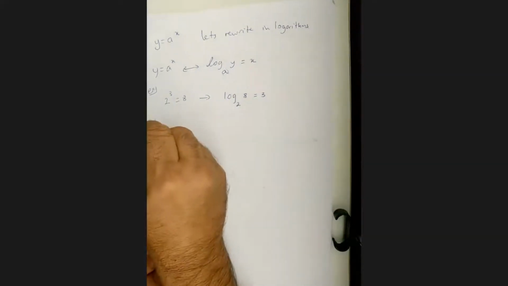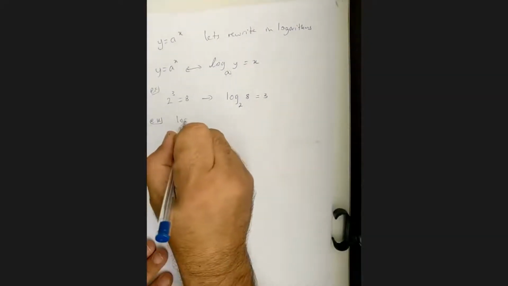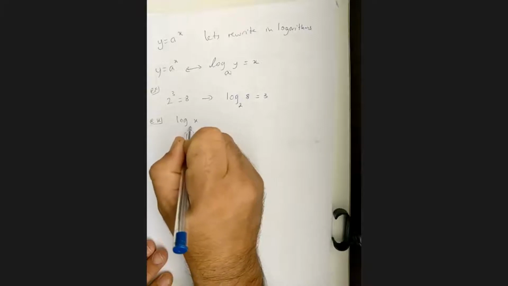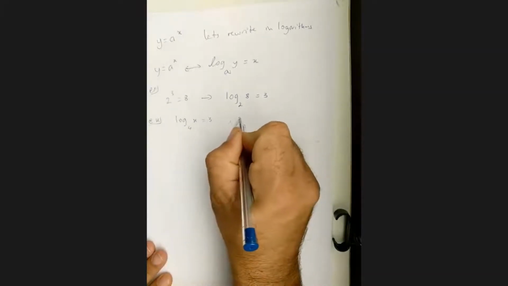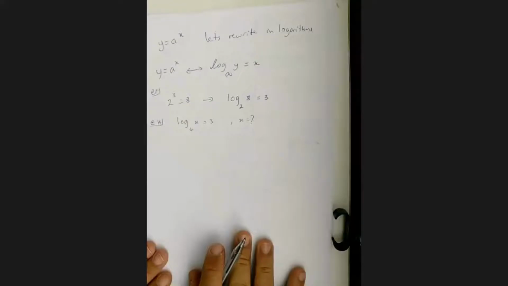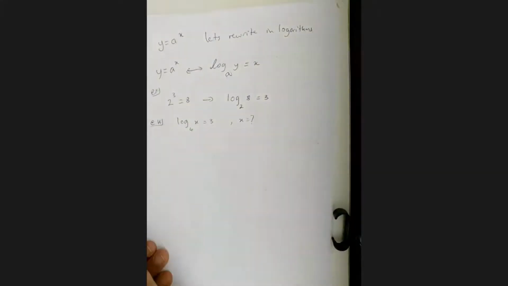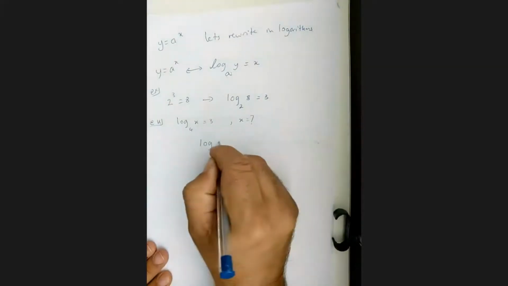If we have an expression in logarithmic form, let's find x. We have to convert the log form to index form. How are we going to do that?